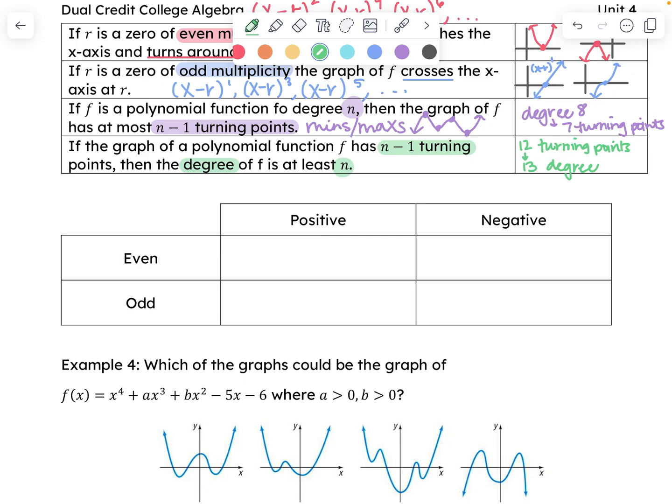So if you know the degree, you know the turning points. If you know the turning points, then you can know the degree. But do keep in mind that it's saying at most here. So it's not always one away, but most of the time it is.